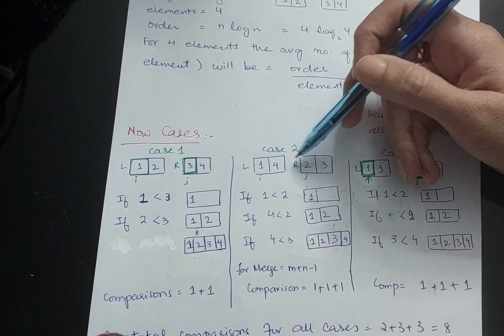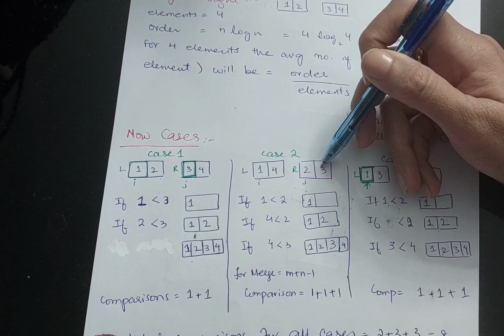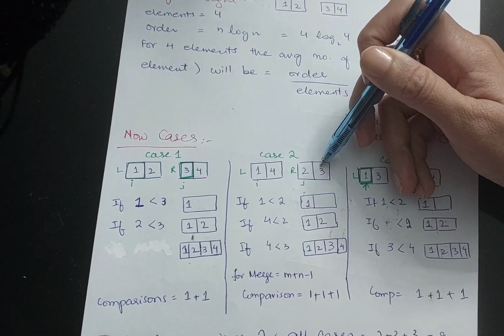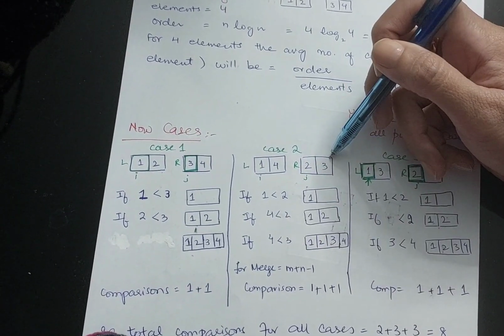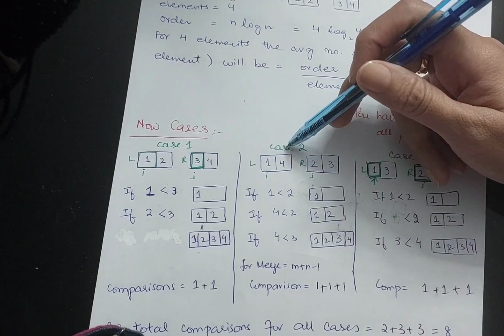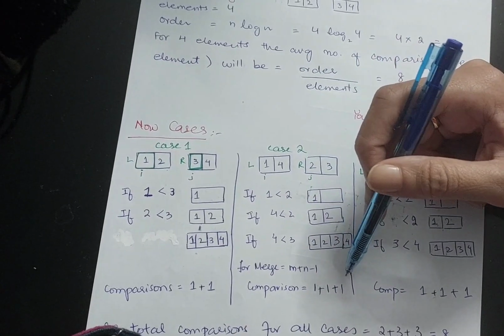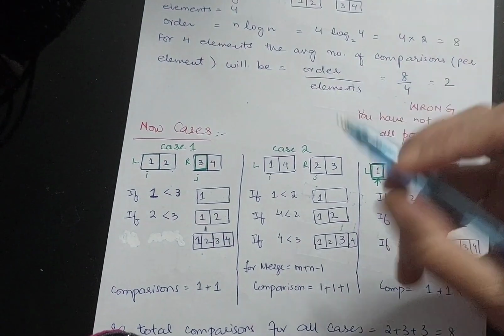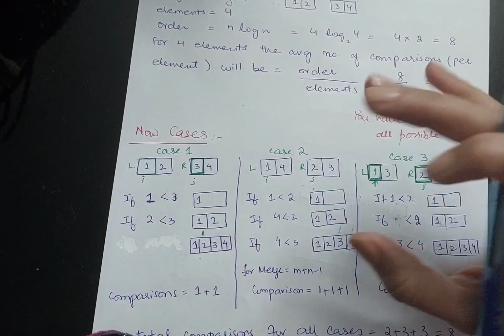Afterwards I will compare this 4 with this 3. Of course 3 is smaller, so this 3 will come into the sorted array. And now 4 is the only member left, so it will jump directly into the sorted array without any comparison. So I have got 3 comparisons.